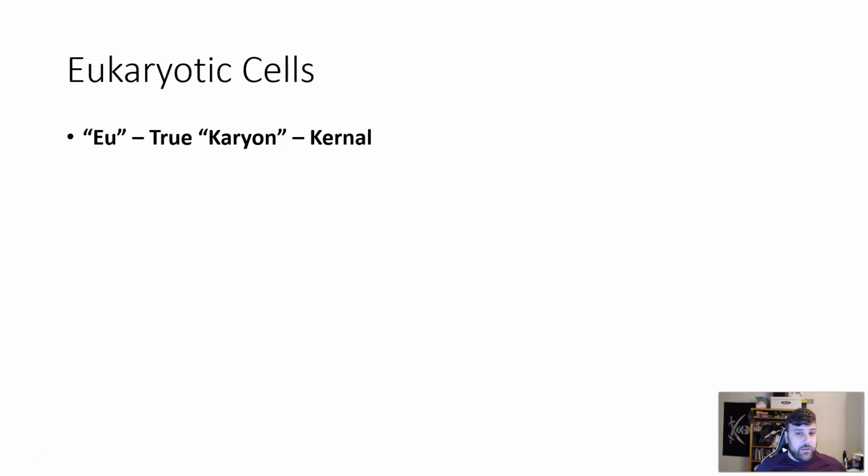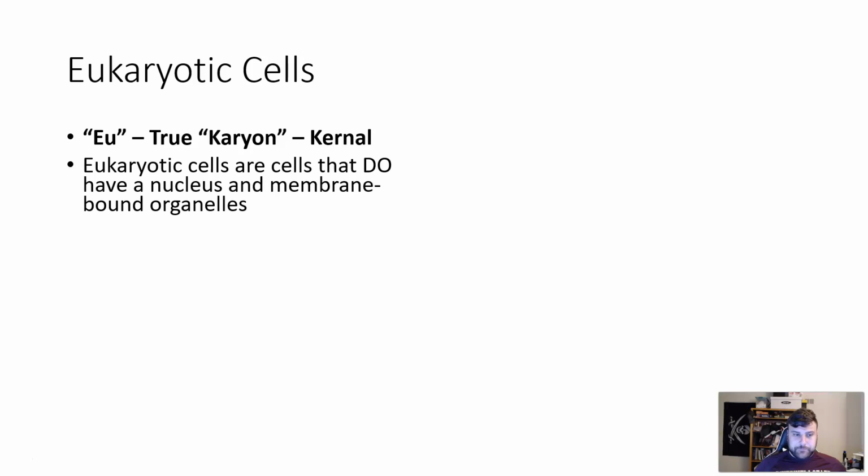So it's saying eukaryotes have a true nucleus. Eukaryotic cells, unlike prokaryotes, do have a cell membrane. Scratch that. They do have a nucleus and membrane-bound organelles.